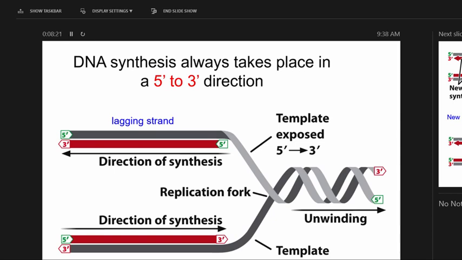And the other strand is going to have discontinuous synthesis. You have to make one little piece, then make another little piece, and then make another little piece. And the reason for that is because of the direction you're going. Right? This is called the lagging strand because synthesis here lags behind the leading strand.